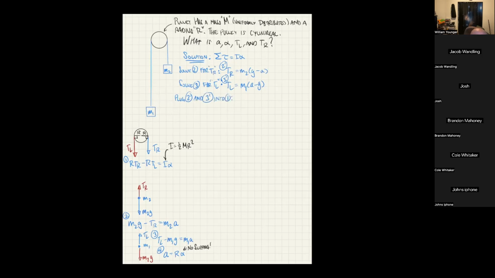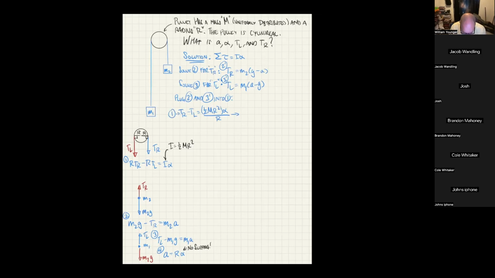When I do that, I'm going to start off by dividing both sides by R. So I have TR minus TL is equal to 1/2 MR squared. That's where I substituted the I times the alpha. And then I'm going to divide all this by R. So this one's actually equation 1.